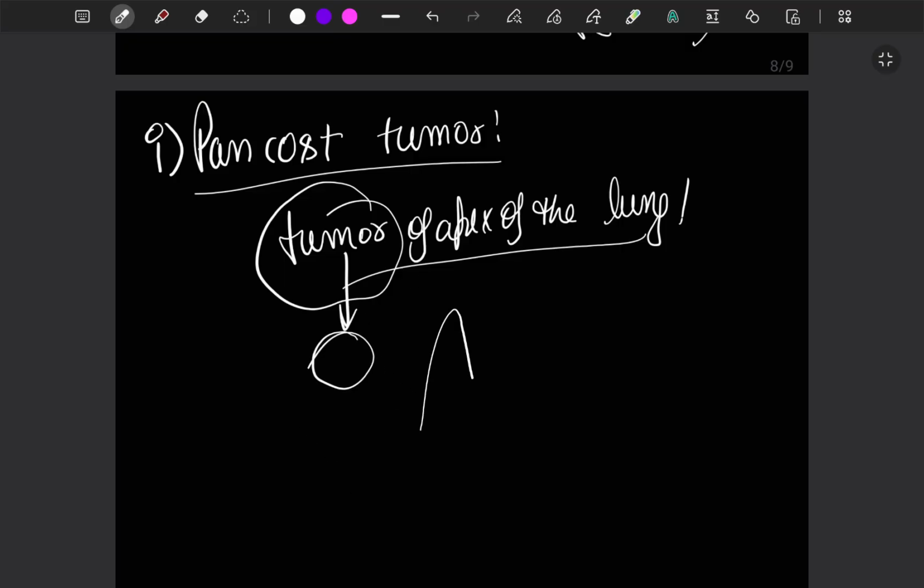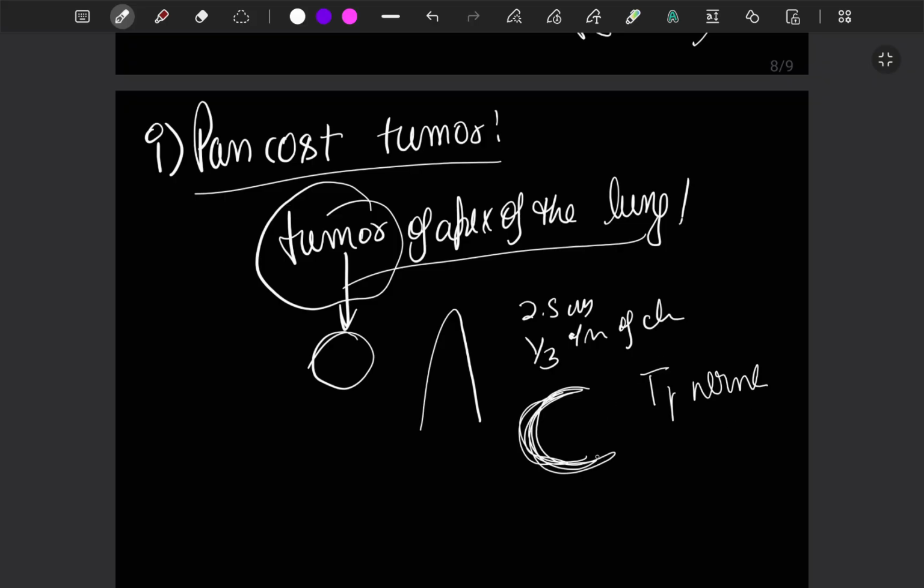So we know the apex of the lung is 2.5 centimeter above the medial 1/3 of the clavicle bone. So we know which structures pass over the first rib, right? The T1 nerve, the recurrent laryngeal nerve, and the superior vena cava.